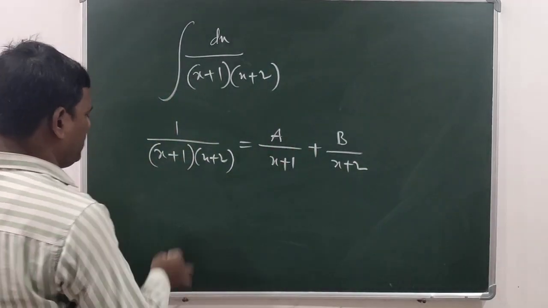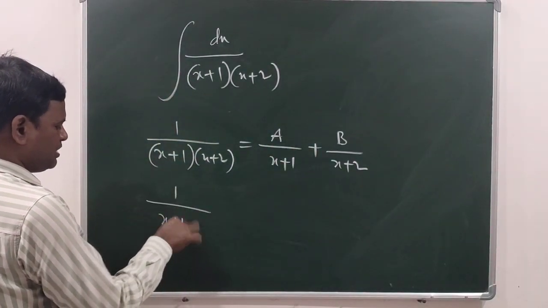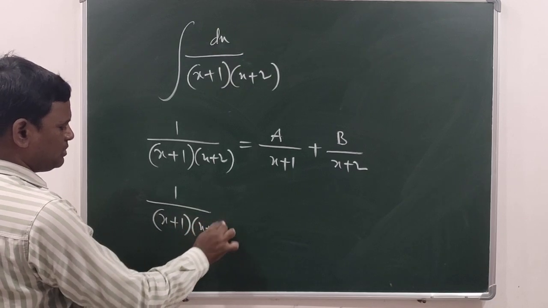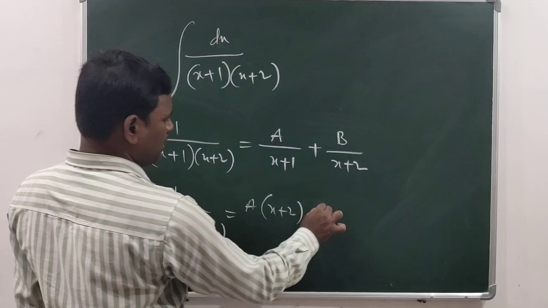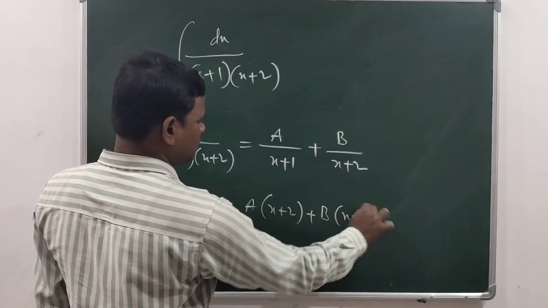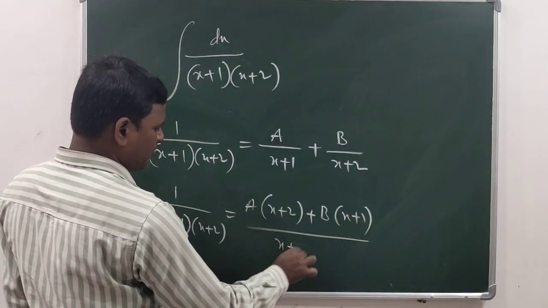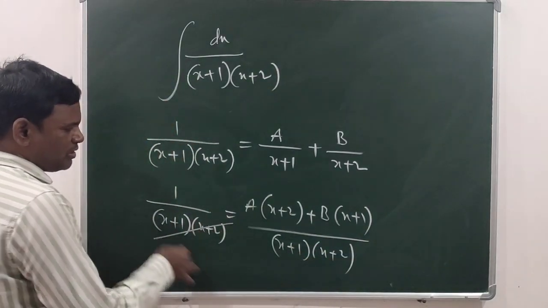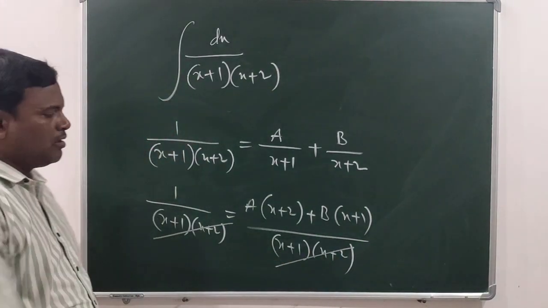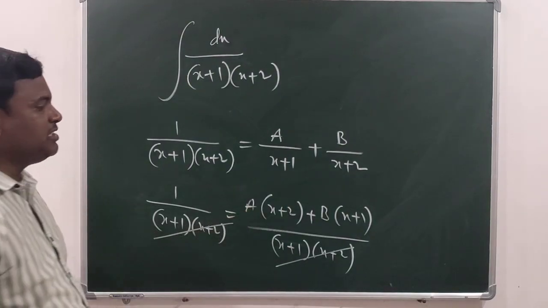Now take cross multiplication. So 1 by x plus 1 into x plus 2, which is equal to a of x plus 2 plus b of x plus 1 whole by x plus 1 x plus 2. So cancel these two. Now obtain this a and b value.